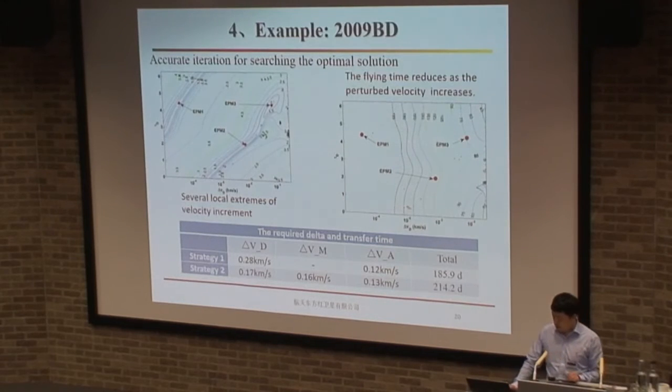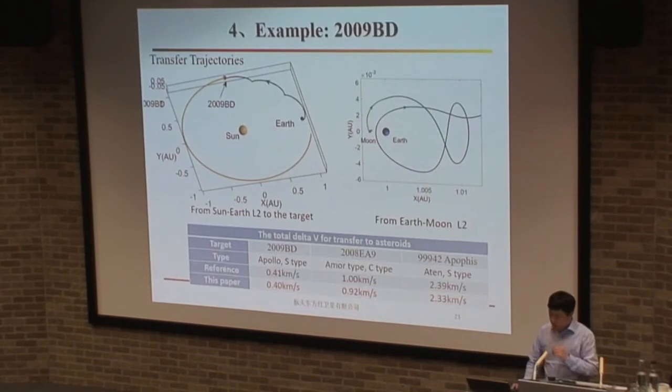Finally, we find that the most total delta-V is about 1.5 kilometer per second, and the total time is about 200 days. These transfer trajectories.